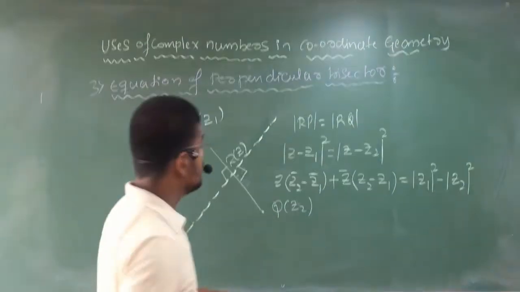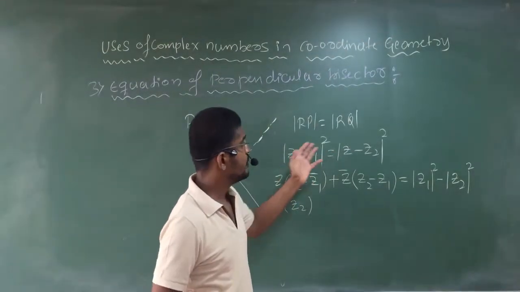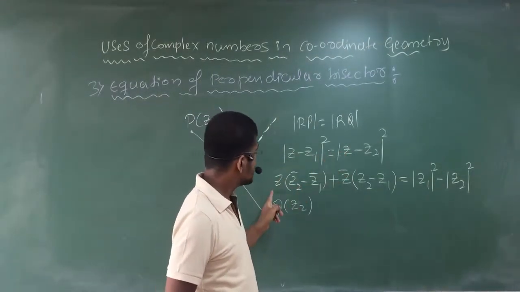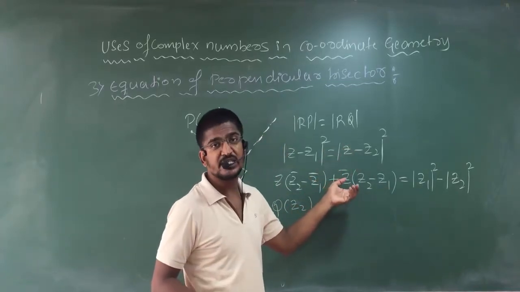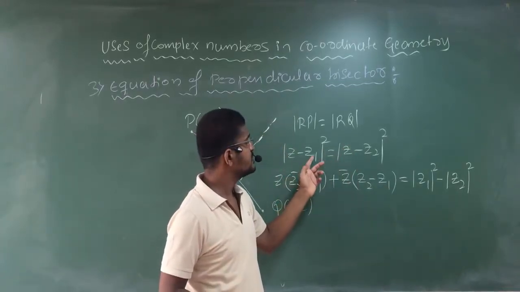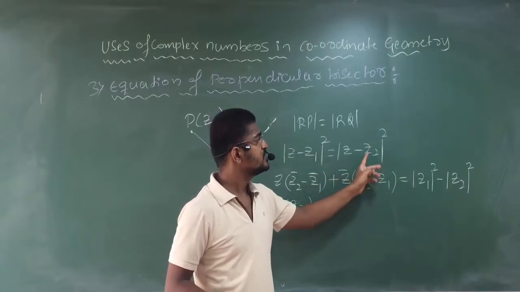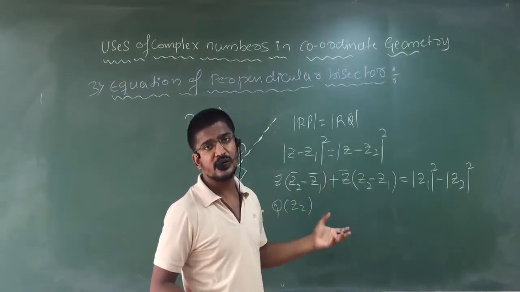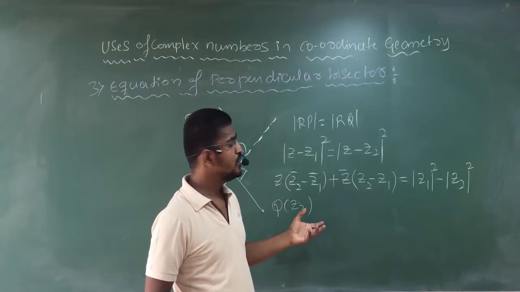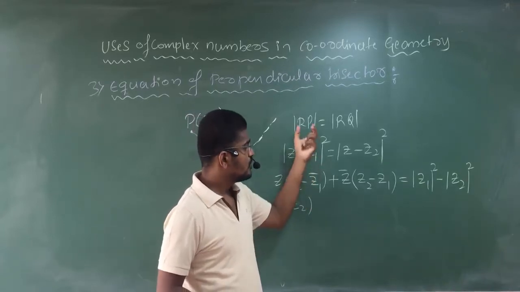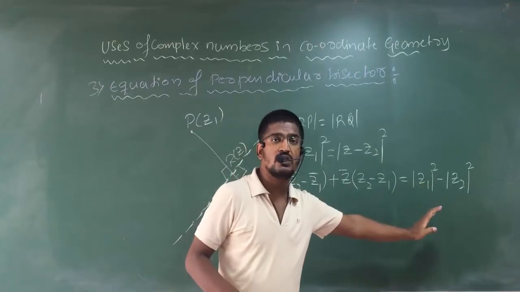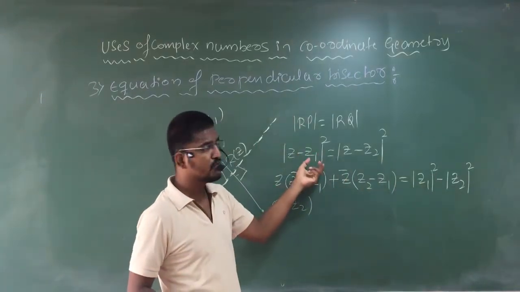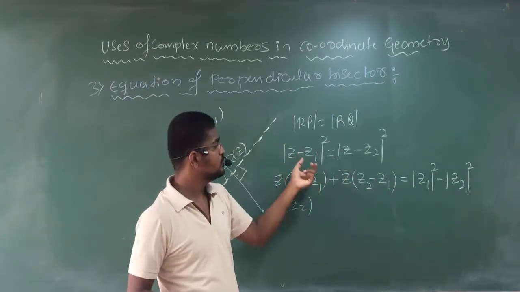While squaring both sides, I have directly written the result. It has 3 to 4 steps to simplify mod of Z minus Z1 whole square equal to mod of Z minus Z2 whole square. If you want, you can work through the solution, no problem.